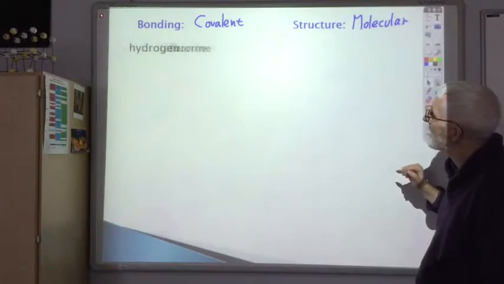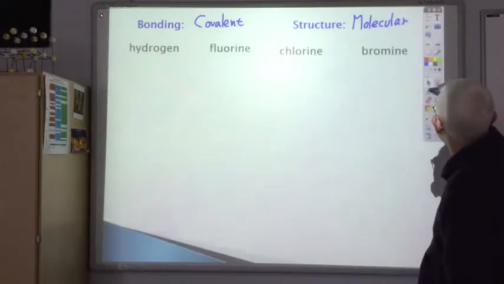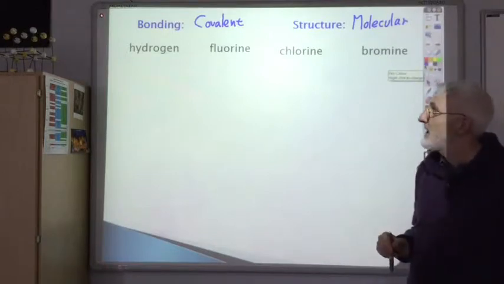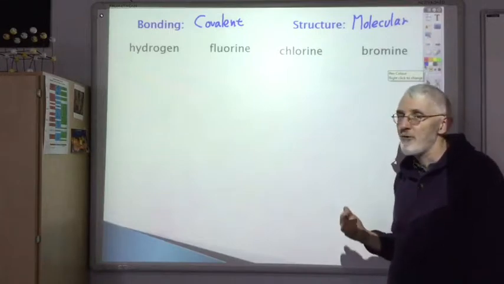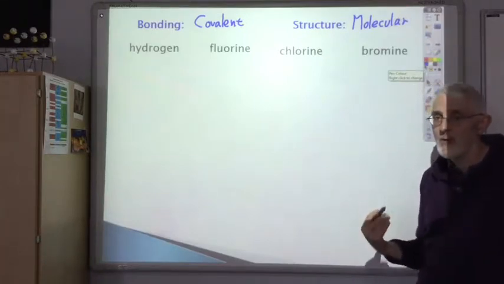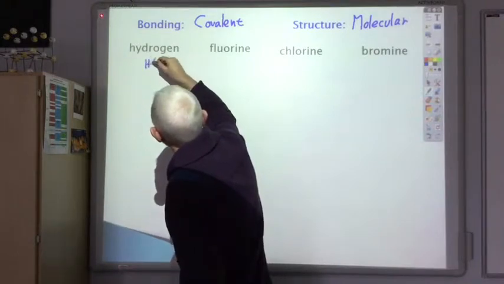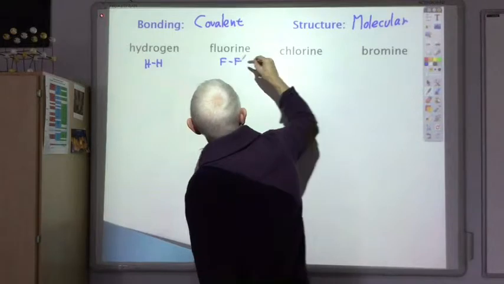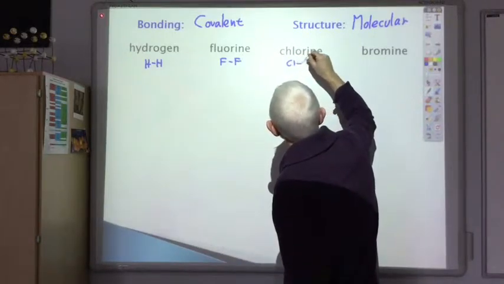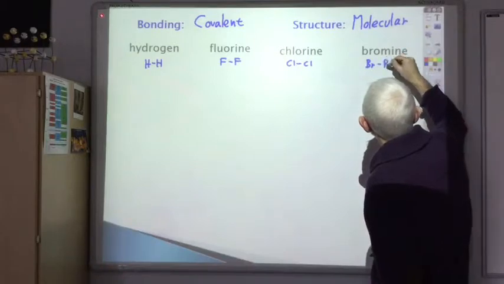So if we look at these four, hydrogen, fluorine, chlorine and bromine, they all have a valency of 1, they all form one bond, so they all form a nice simple diatomic molecule with one covalent bond between them. So right, there's H2, F2, Cl2, Br2.